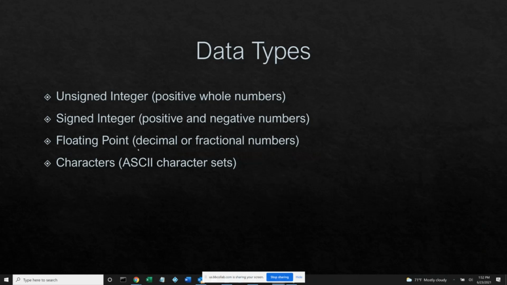A floating point number is a decimal or fractional number, and then we can also represent characters, using the ASCII character set. There are other ways to represent information. For example, we also represent images, and there are ways to represent that as bits. We won't go into that right now.